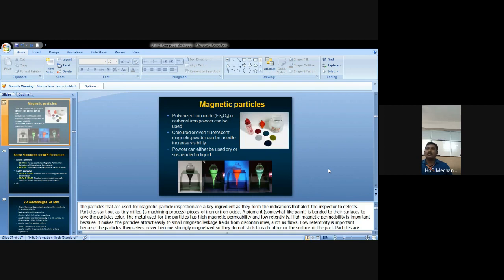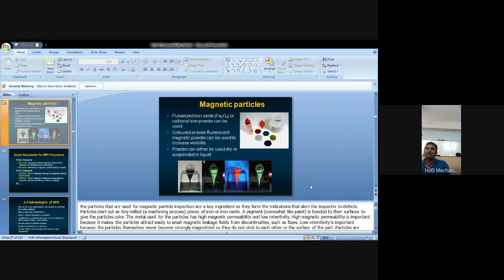Now magnetic particles. We have to use particles as the medium of MPI testing. So what particles do we use? Pulverized iron oxide. The chemical formula for this is Fe3O4, that is iron oxide.